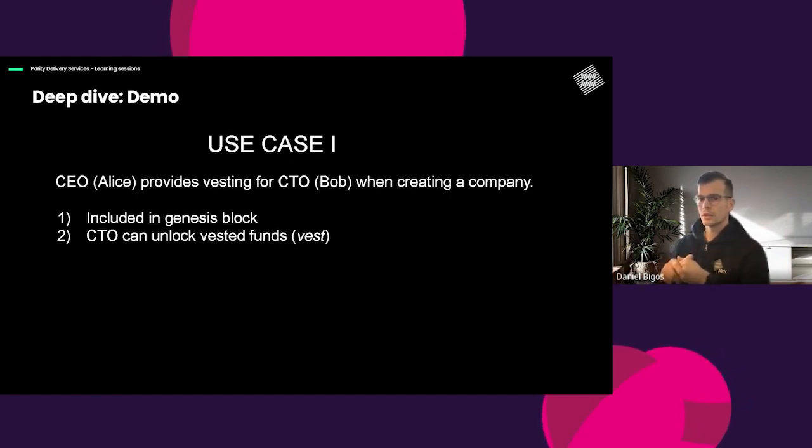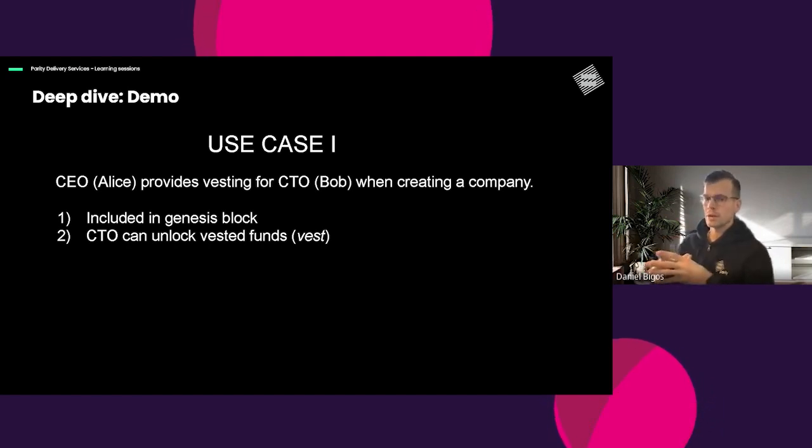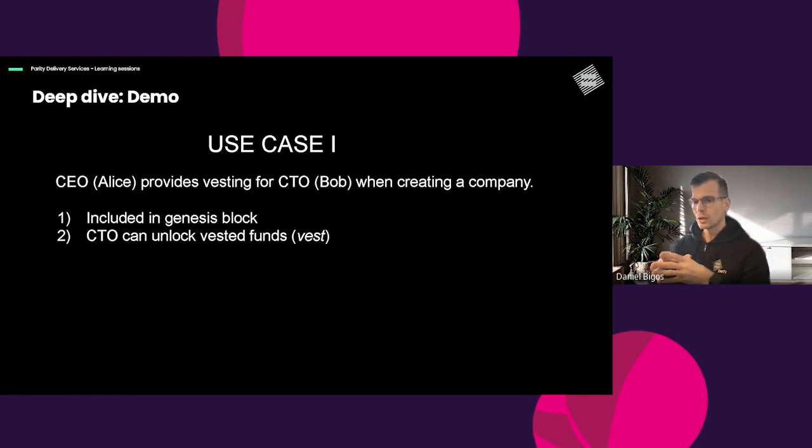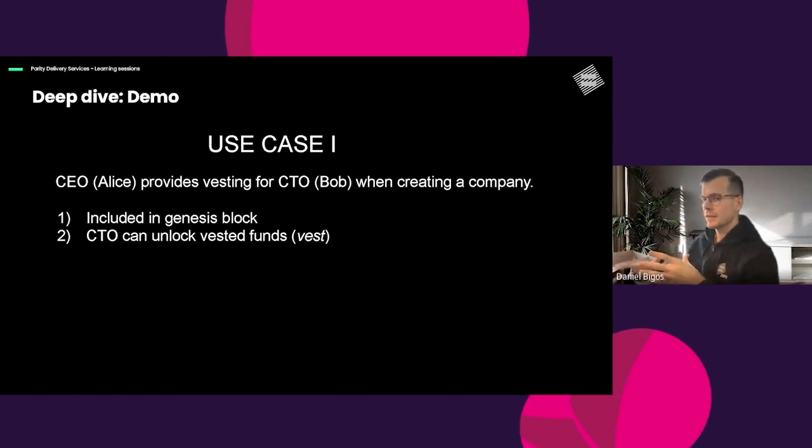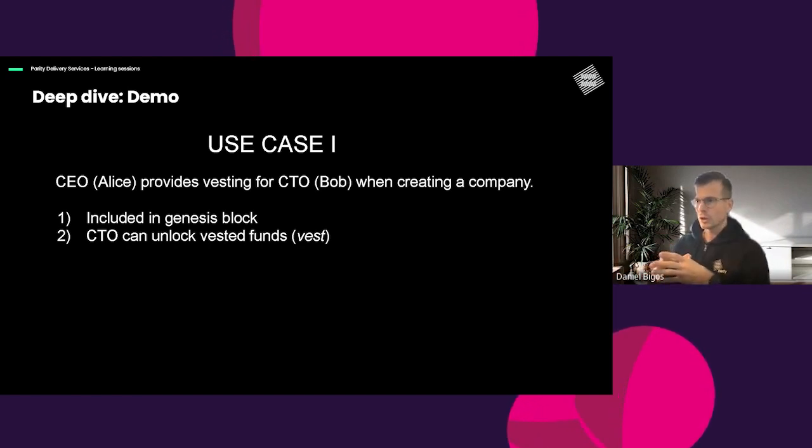For the first one, imagine a situation where Alice has a super cool idea about a blockchain startup. So she creates a company. Of course, she becomes the CEO, and also invites Bob to become the CTO of that company.